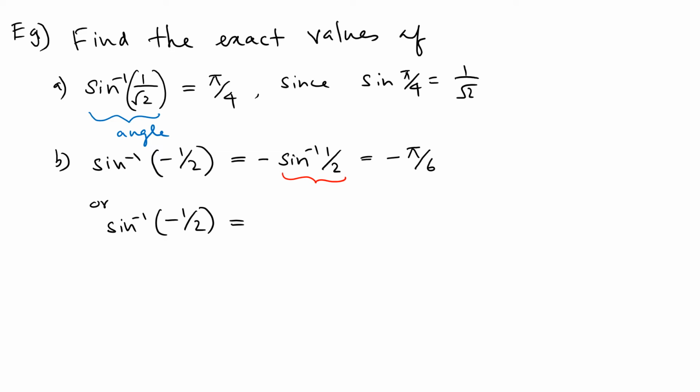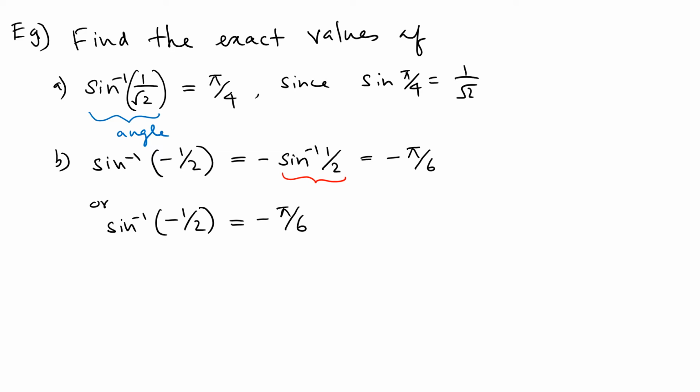And from the graph, it's clear that if it's a negative value, you should have a negative angle. So you are thinking of an angle between negative pi over 6 and 0, so that once you take the sine you get -1/2, and it's clear that it is the negative pi over 6 angle. So you can directly write it like that.